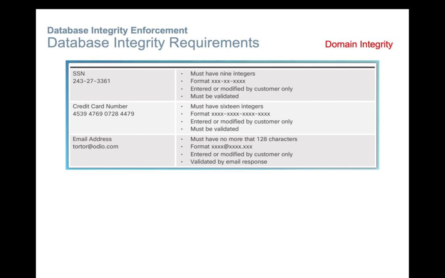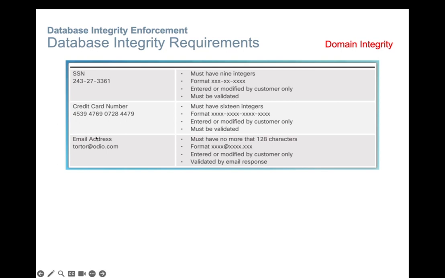Each column in a table has a defined set of values, such as the set of all numbers for credit card numbers, social security numbers, or email addresses. So, limiting the value assigned to an instance of the column, that is an attribute, as we said, enforces domain integrity in this case.